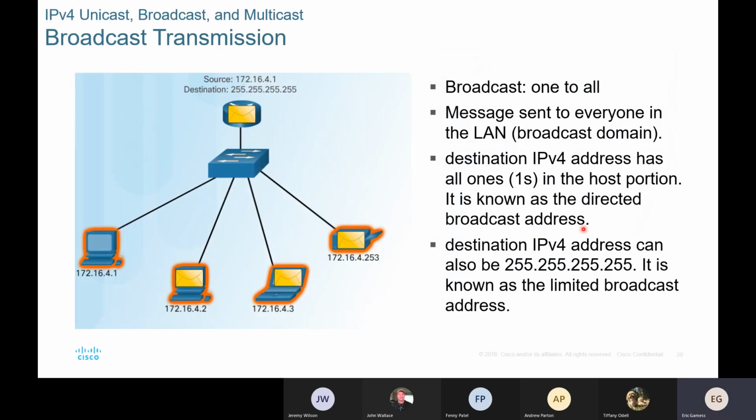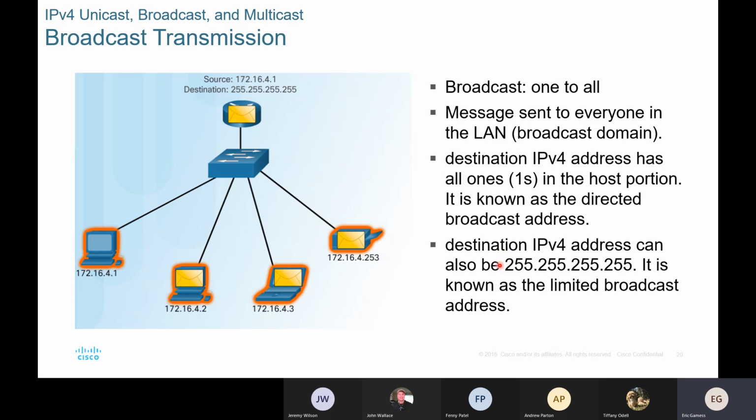Now, broadcast. Let's say that this computer wants to send a packet to all the other devices in the network. As source IP address, it will use its IP address. Now, as destination IP address, there is a special IP address, which is 255.255.255.255. This is called the limited broadcast address.